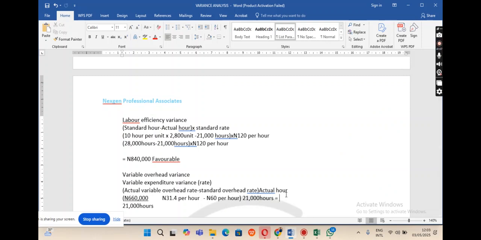Figure. 39,564,000. No, I have 600. 75 naira. 600 what? Favorable. Yes, 600.